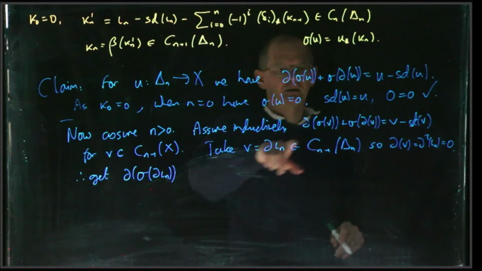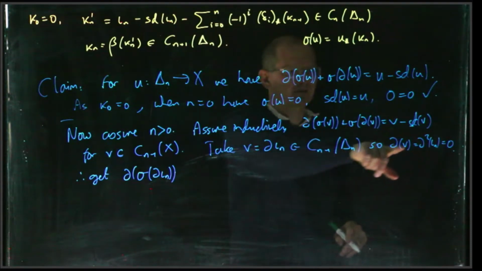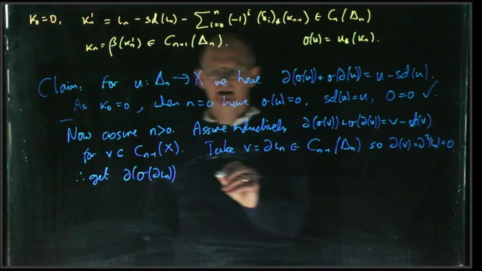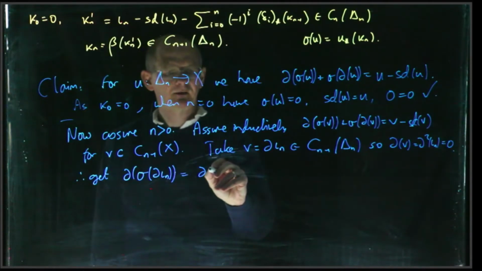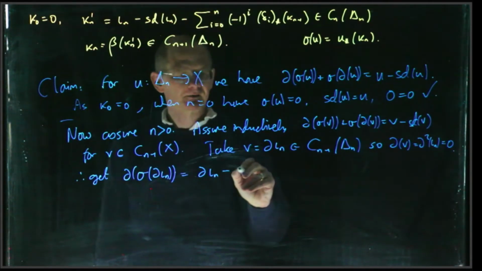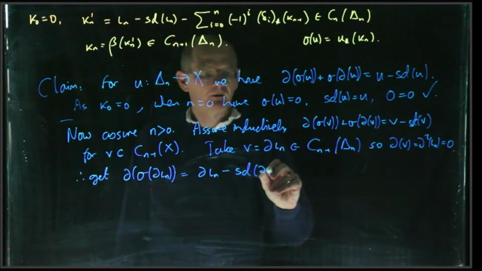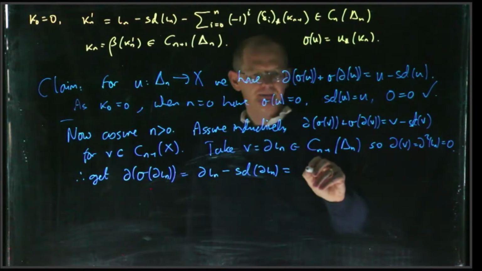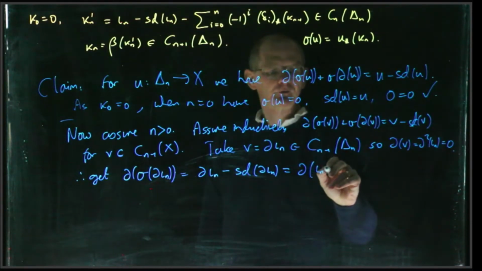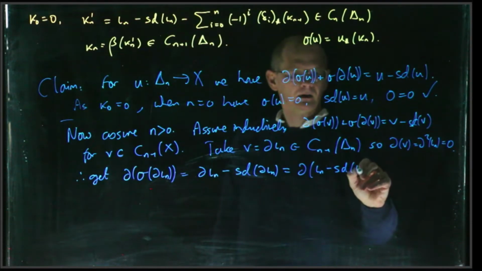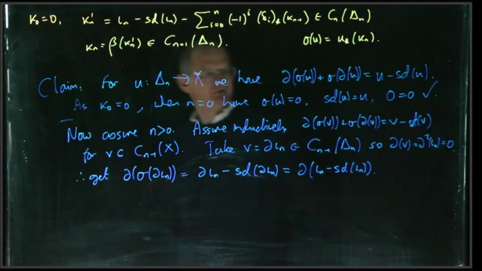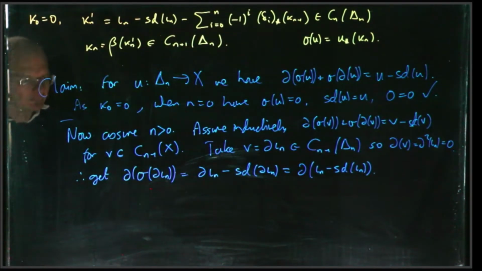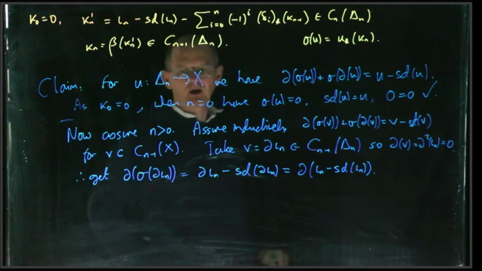This term here is just 0 because dv is 0, and then on the right hand side you get d iota n minus the subdivision of d iota n. But we know that subdivision is a chain map, so this is the boundary of iota n minus the subdivision of the boundary of iota n. So what's this sigma of d iota n here?